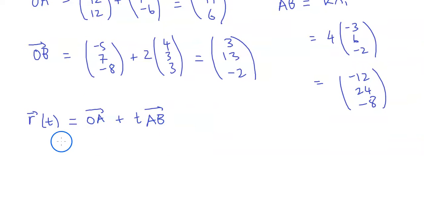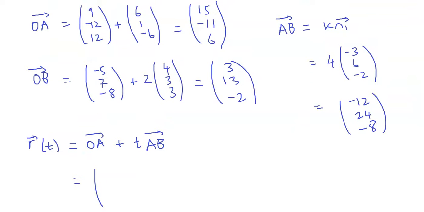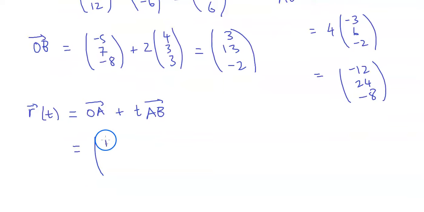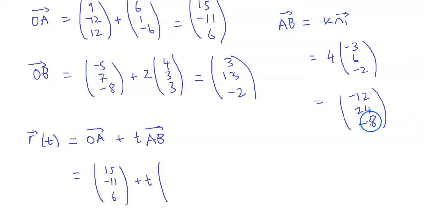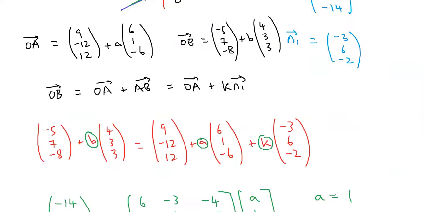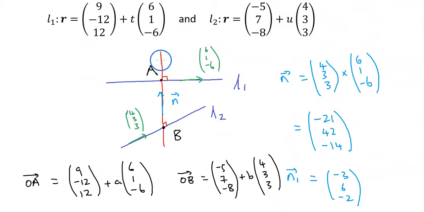So that would be, well, OA is 15, negative 11, 6, plus t times AB we found was negative 12, 24, negative 8. So that's one possible vector equation for the common perpendicular of the lines L1 and L2.